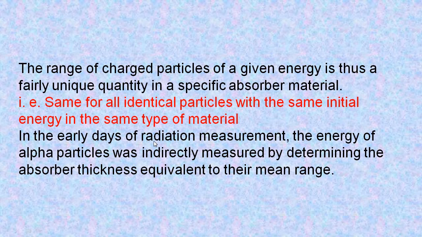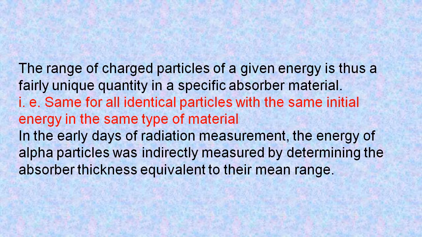In the earlier days of radiation measurement, the energy of alpha particles was indirectly measured by determining the absorber thickness equivalent to their mean range. Nowadays we are using detectors to find out the energy.